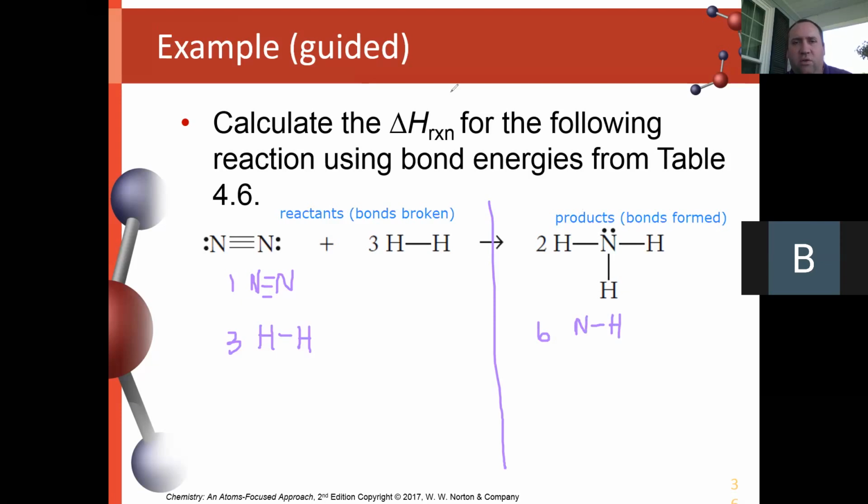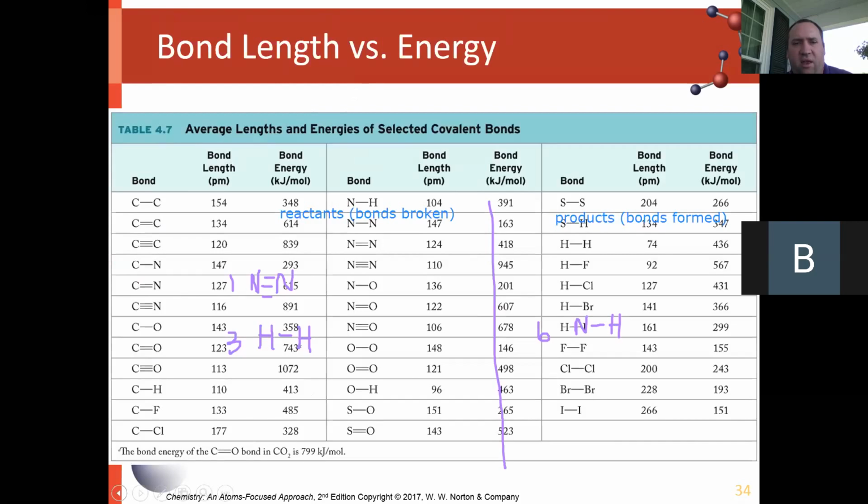And so to address this, I'm going to go back to that slide and look up the values that I need. The nitrogen to nitrogen triple bond, that was 945 kilojoules per mole, and I have 1 mole of nitrogen.